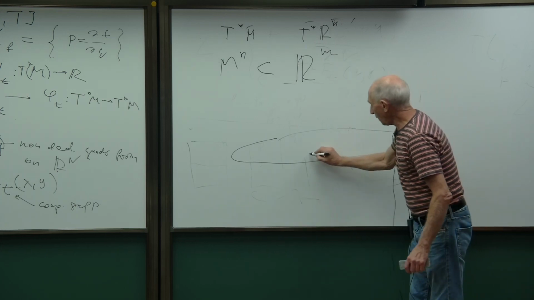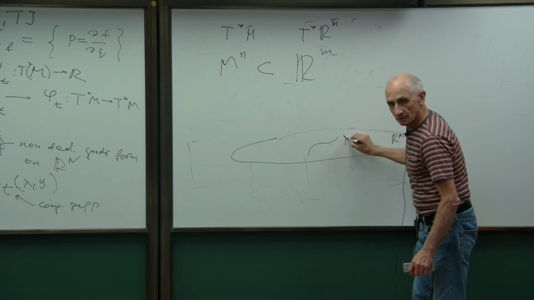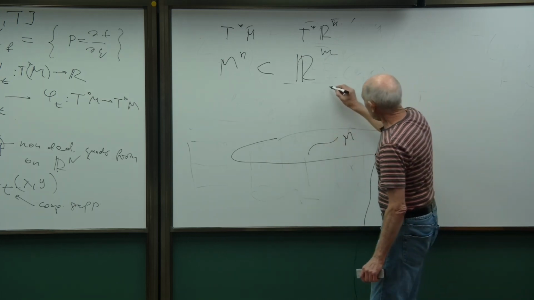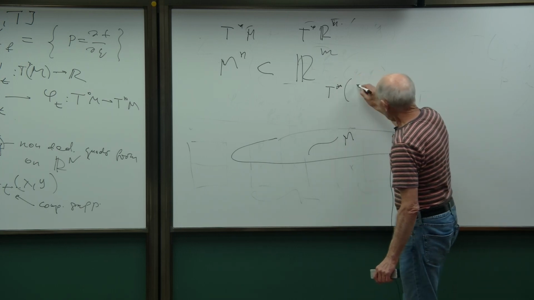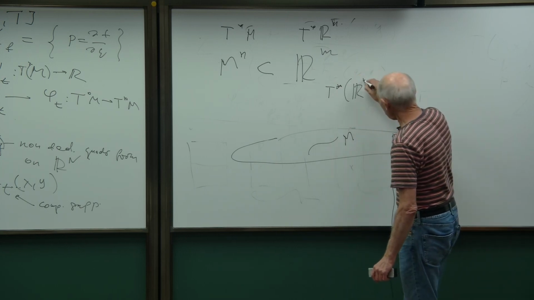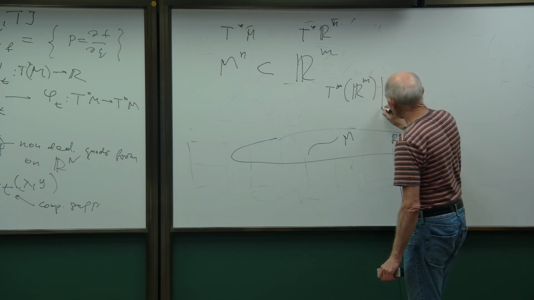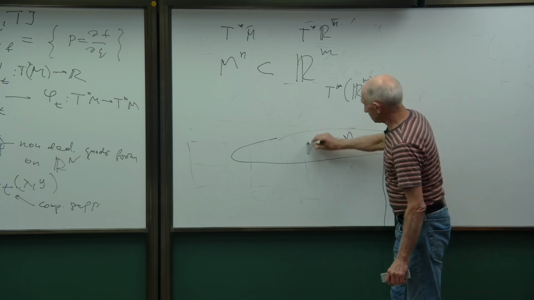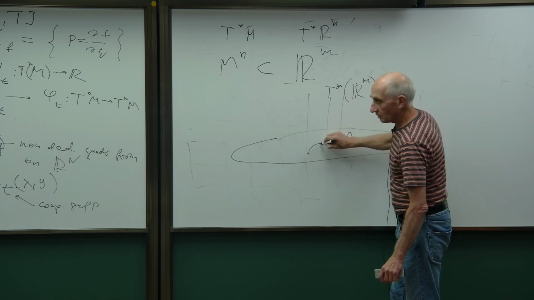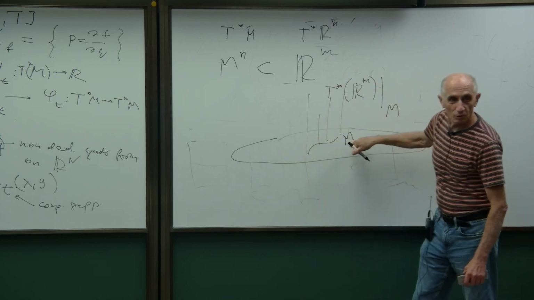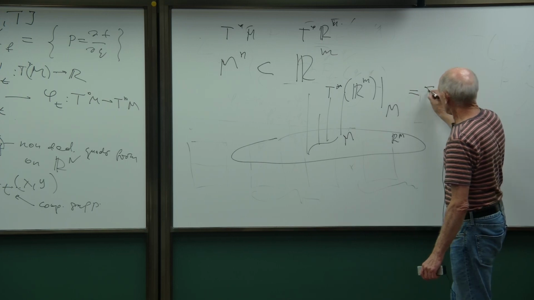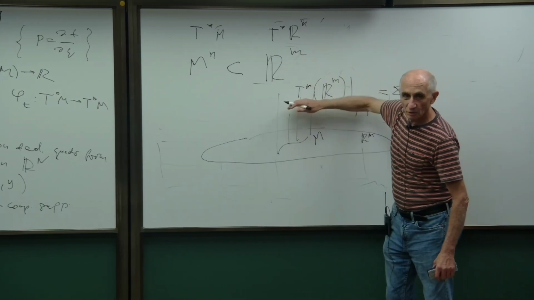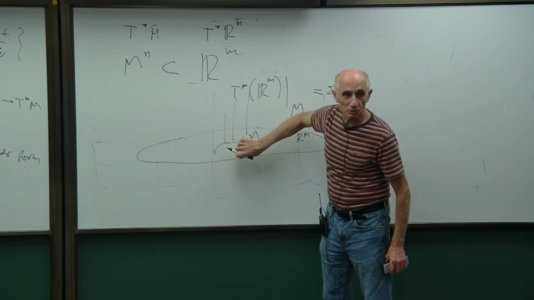This is our M. And you can take the cotangent bundle of Rm and restrict it to M. Just consider all fibers over points of M. And call this sigma. It's just the total space of the restriction of the cotangent bundle to M.